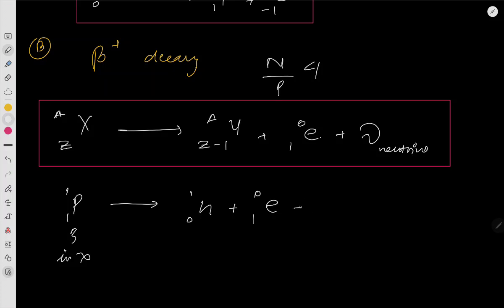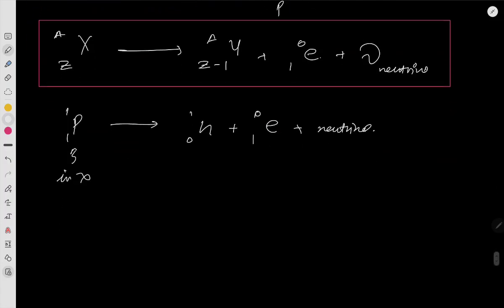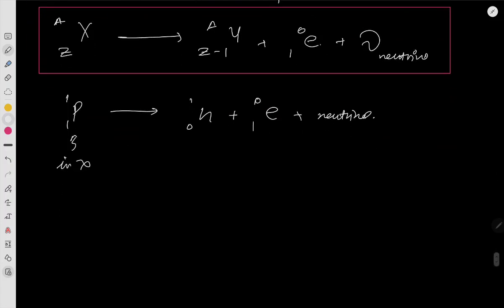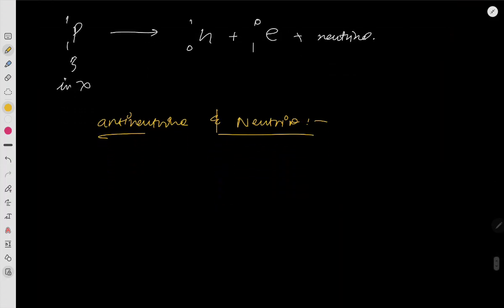And also there was a neutrino there. So what is a neutrino and an antineutrino? As I said, you have heard about the electron, proton and neutron, but this is something new.